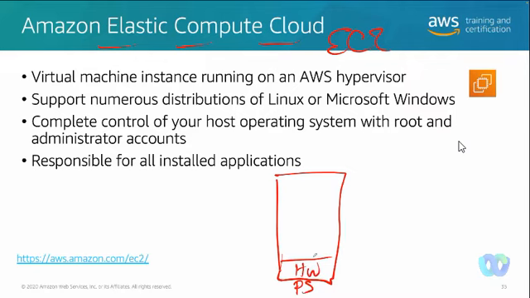On top of that hardware, we install a specific operating system that provides us with virtualization capability. Basically, that operating system allows us to virtualize that physical hardware into virtual hardware and run virtual machines. That type of operating system in the virtualization world is called a hypervisor. So we install a hypervisor.